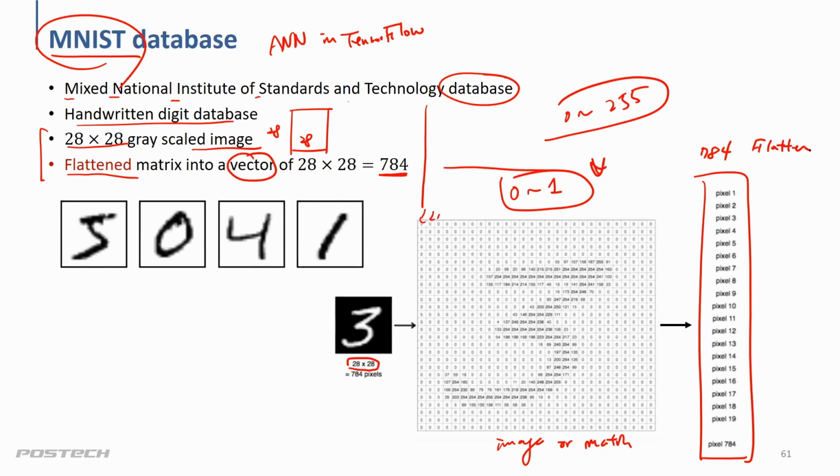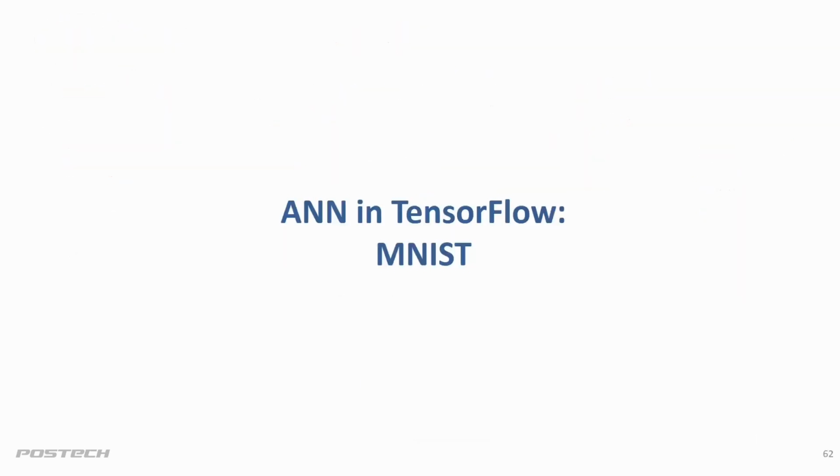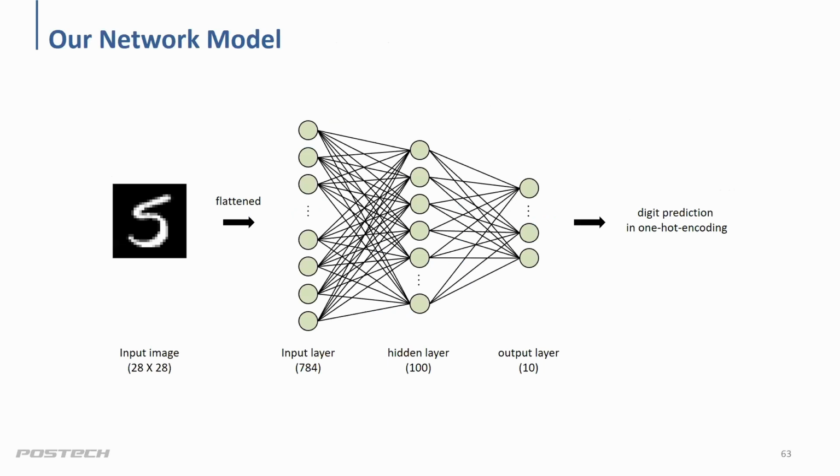So what I want to do is implement a neural net for classification problems. What's the input size?